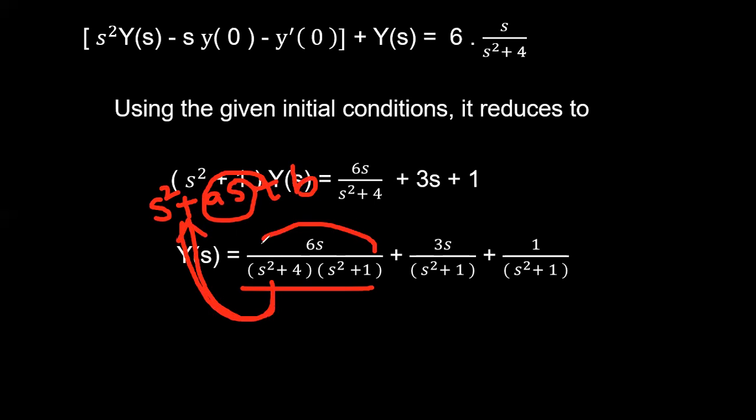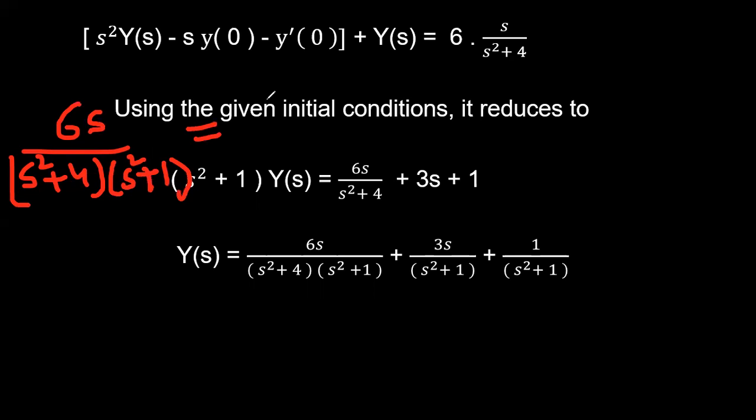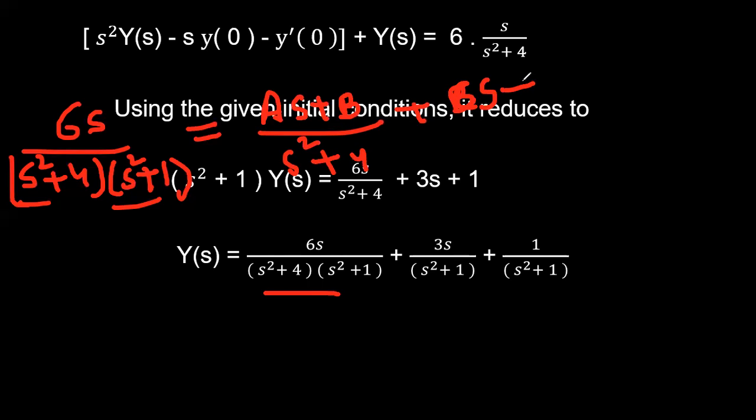Then this type of function can be represented using partial fractions: 6s by s square plus 4 into s square plus 1 is equal to, since it is a non-repeated quadratic factor, as plus b by s square plus 4, plus cs plus d by s square plus 1.